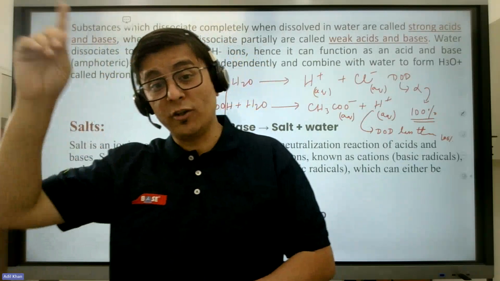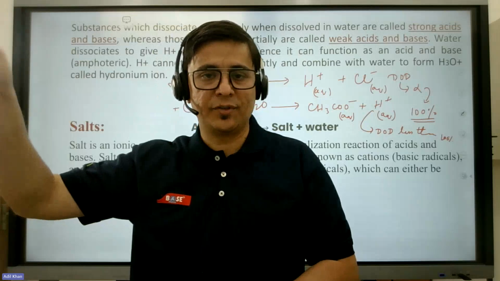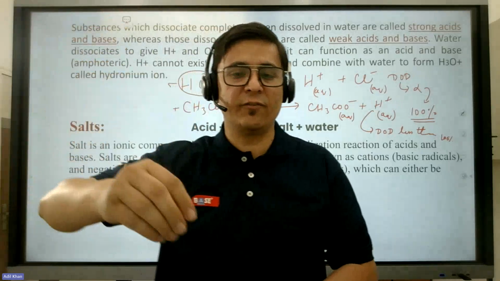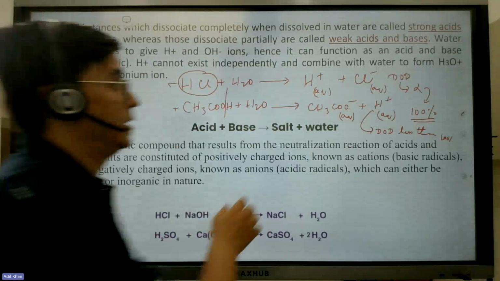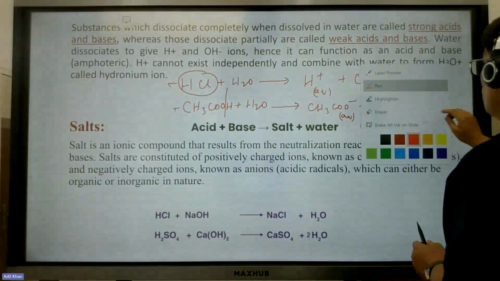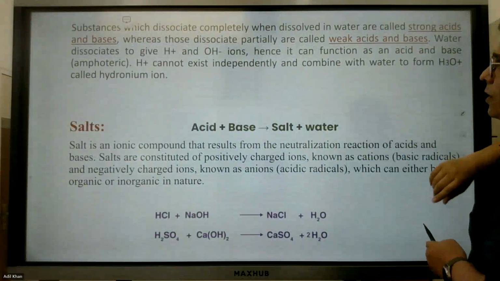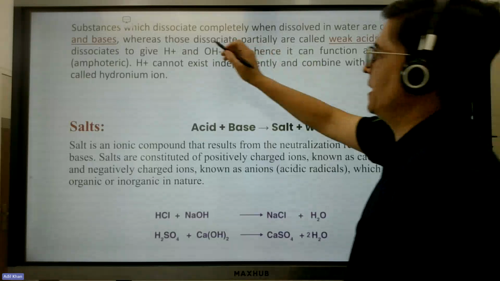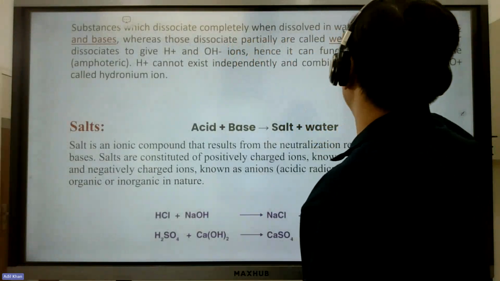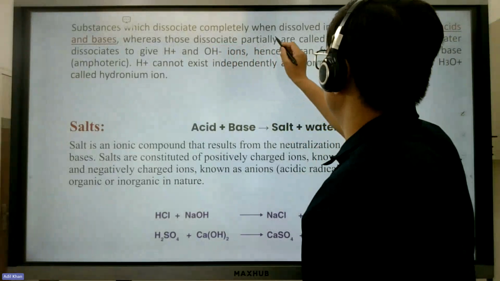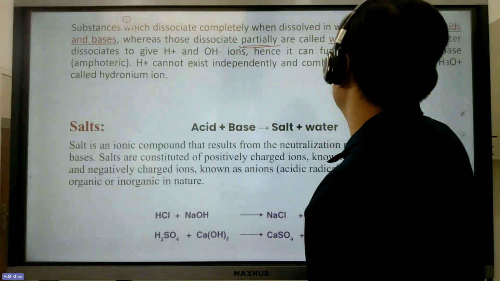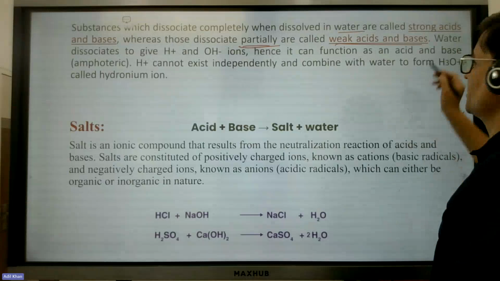So strong base also has degree of dissociation 100% and weak bases have degree of dissociation less than 100%. So this is all about your types of bases, that is the strong and the weak. So substances which dissociate completely when dissolved in water are called strong acid and strong base, whereas those which dissociate partially, incompletely, are called weak acid and weak bases.